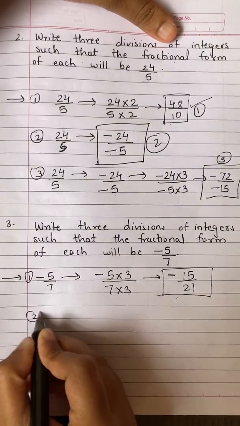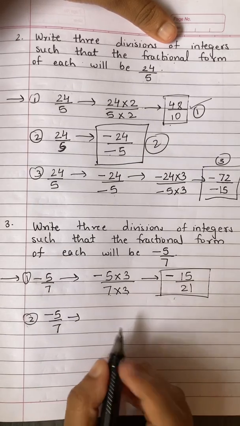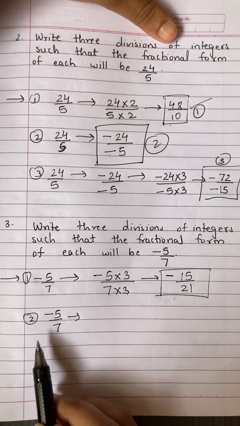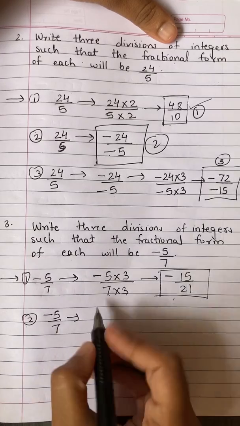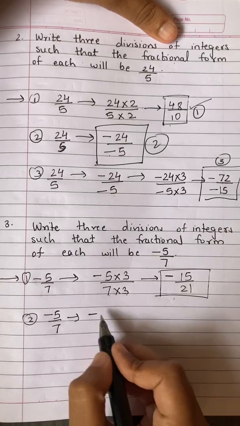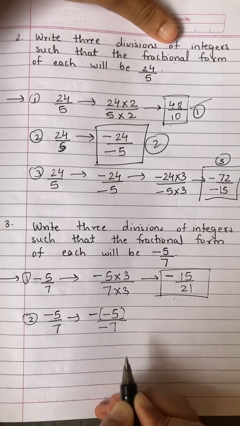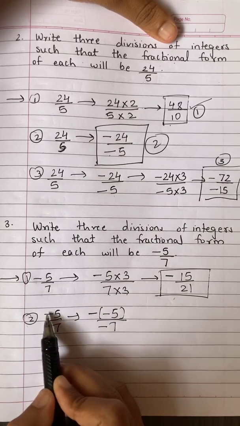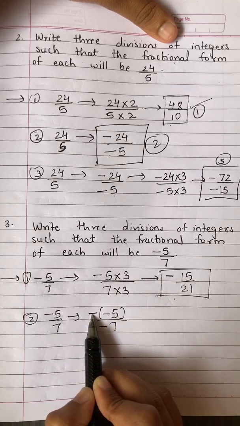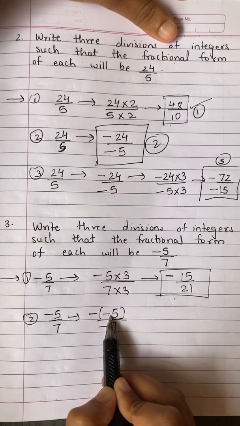Second answer, again I'll take this fraction minus 5 upon 7 and let us change the sign. If I put minus sign in the numerator, in the denominator also I have to put minus sign. Minus 5 is already there in the numerator, so I'll write minus 5 as it is, and in the denominator also I'll give minus sign. Now when I open the bracket, minus minus always becomes plus.